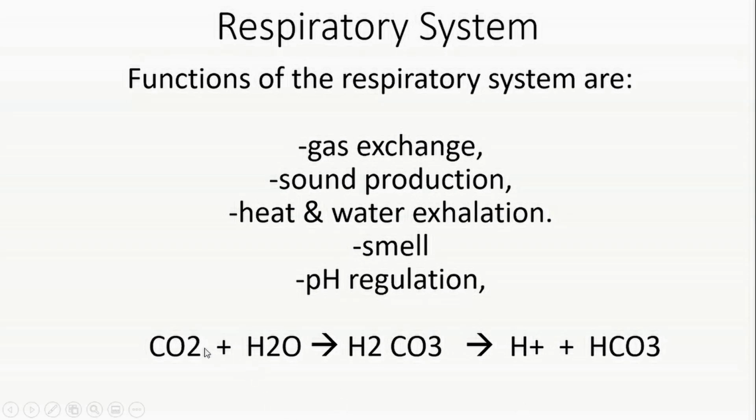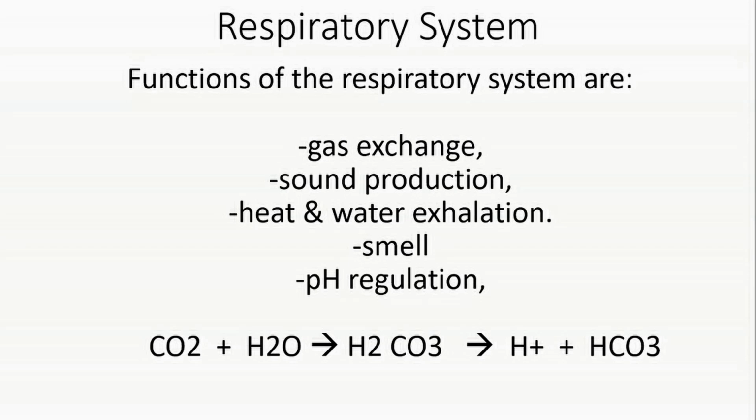The more carbon dioxide there is, the more it reacts with water and produces carbonic acid. Carbonic acid dissociates into hydrogen ion and bicarbonate. So the more carbon dioxide in our body, the more carbonic acid is produced and the more hydrogen ion is released.